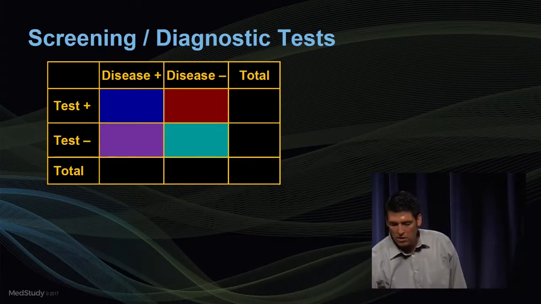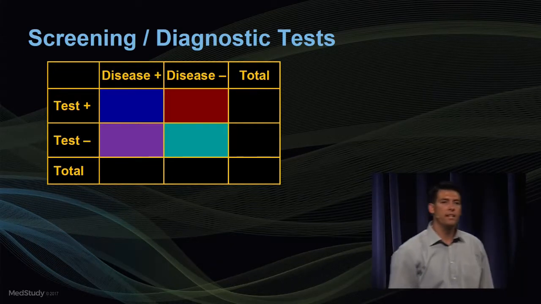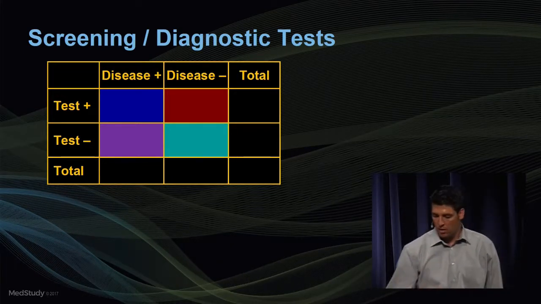And then the test result from your diagnostic or screening test as the rows. So I have disease positive, disease negative, and then I have the results of my diagnostic test, test positive or test negative. And then it becomes very easy. It's just simply filling in this table.